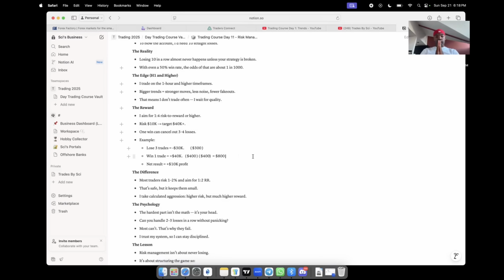If you are risking $100 per trade, your account is now $1,800. So technically, because you're at a $1,000 account and you risk $100 per trade, it will take you 18 trades in a row to blow your account. 18 trades in a row to blow your account.